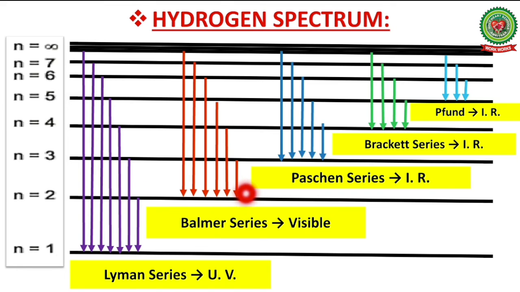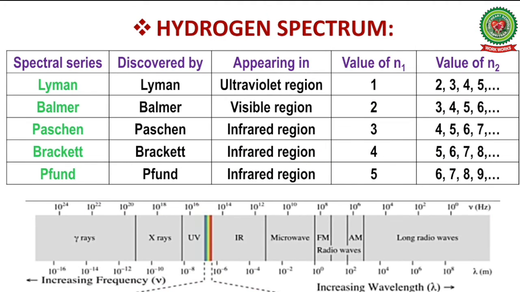For Balmer, it is from 3 to 2, 4 to 2, 5 to 2 and so on. For Paschen n1 is 3, for Brackett it is 4 and for Pfund it is 5. Only the Balmer series lies in the visible region of the spectrum.